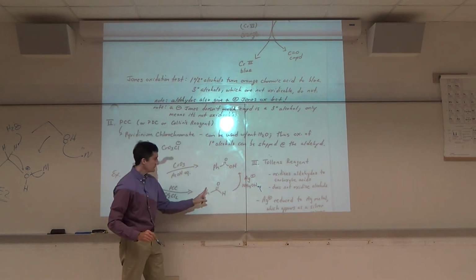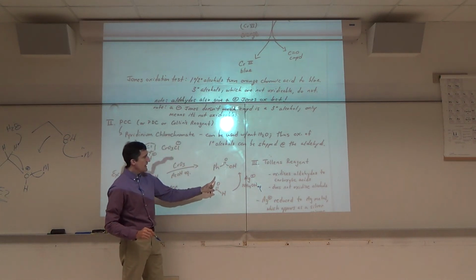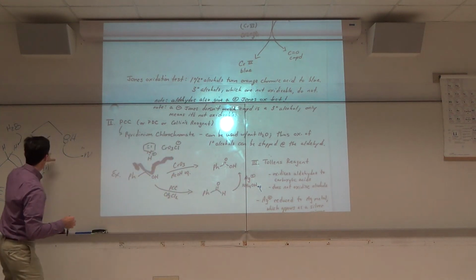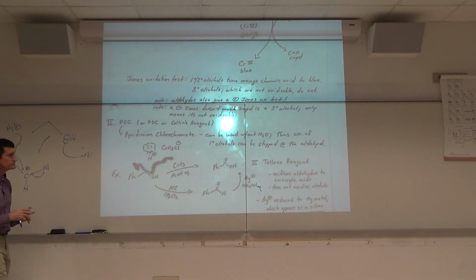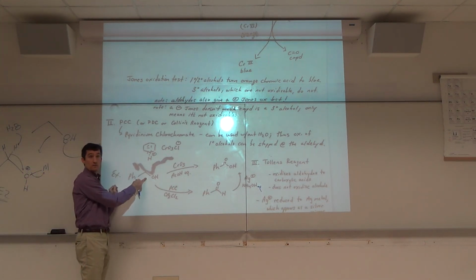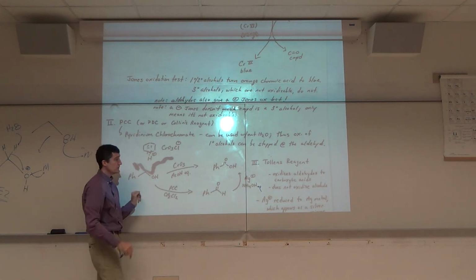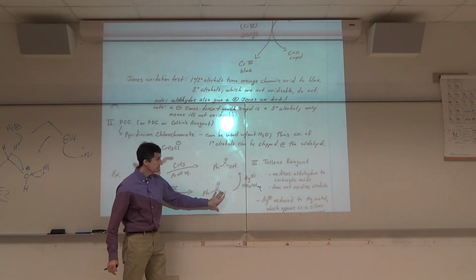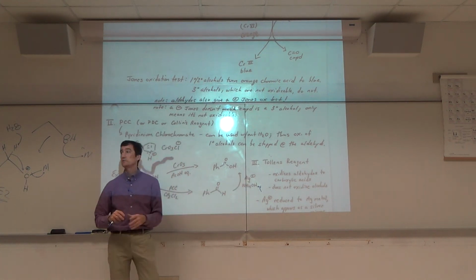And the first step is forming the hydrate. And then the silver ion can oxidize the hydrate very similar to how this metal oxidizes that. But silver ion will not oxidize the alcohol. For some reason it will only oxidize the diol or the hydrate. It's a very unique reagent.